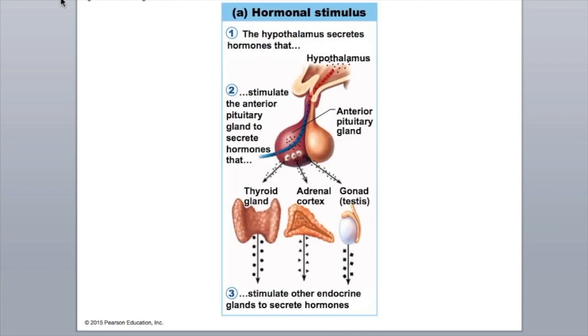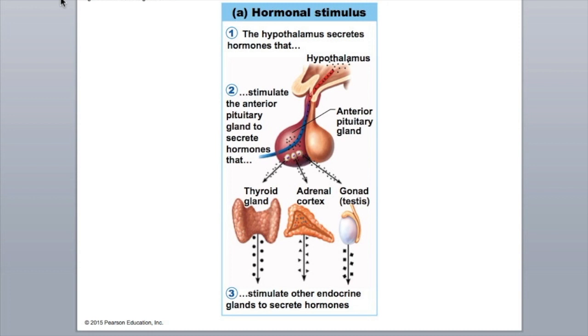Let's look at that. So the hypothalamus secretes a hormone that stimulates the anterior pituitary to increase its hormones. One hormone stimulates another gland that releases another hormone that stimulates another gland to secrete their hormones. A hormone stimulates a hormone stimulates a hormone.